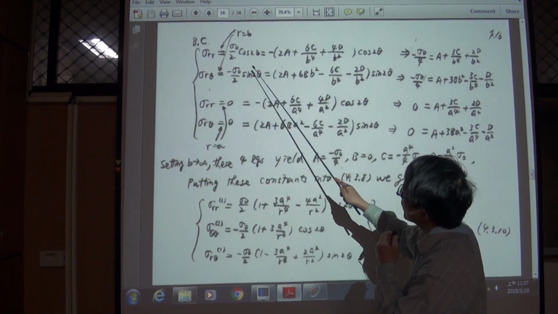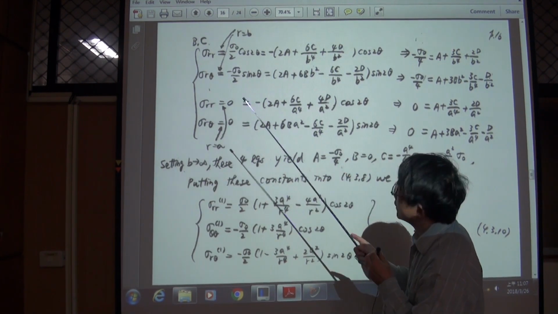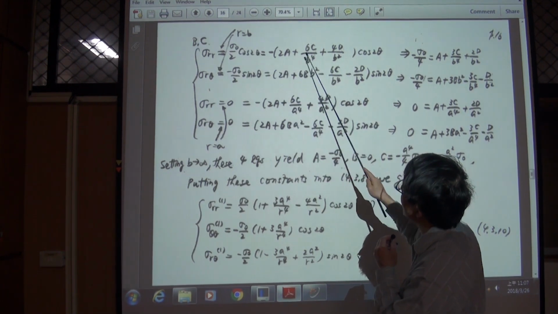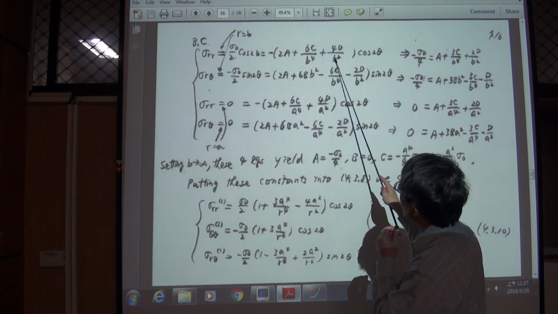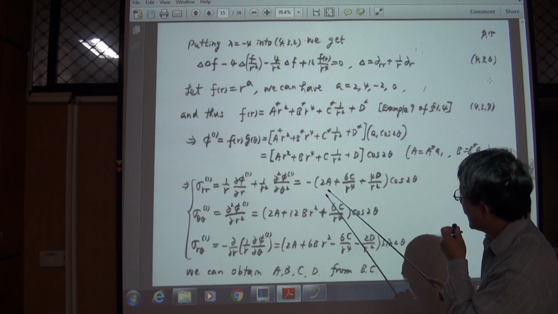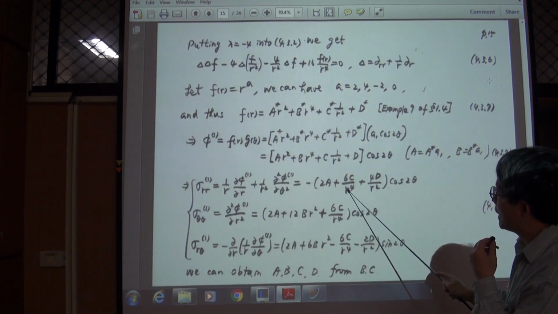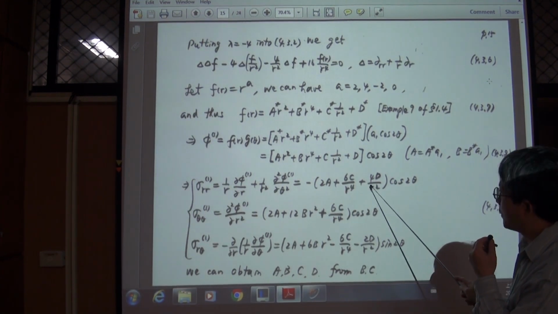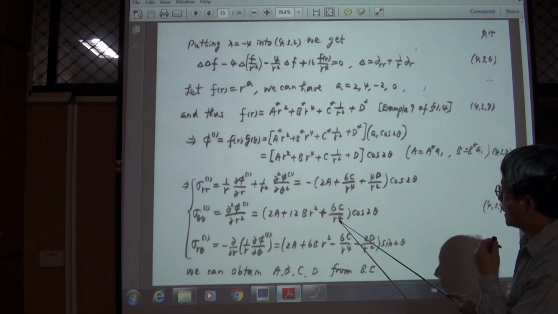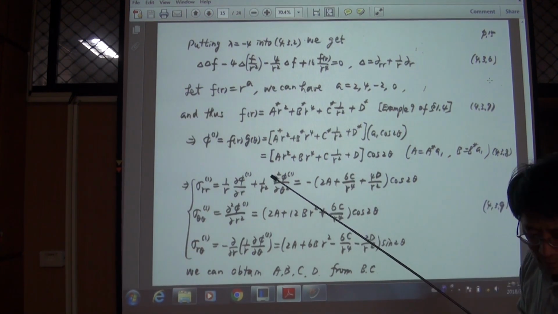And then this is the periodic function we have. We just put little r equal to b here because in the outer boundary little r equals b, right? Like this, sigma r. Here we have r. So r^4 replaced by b^4, r square replaced by b square, something like this.